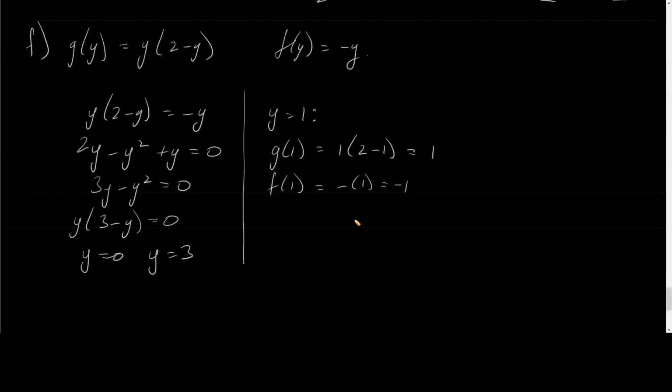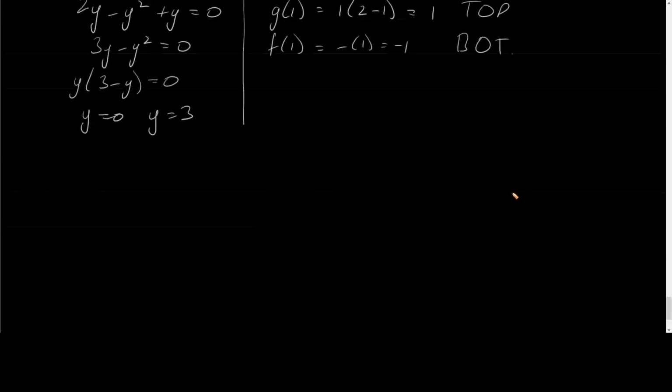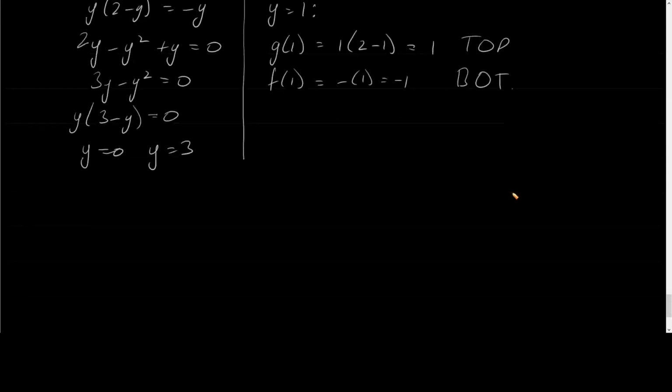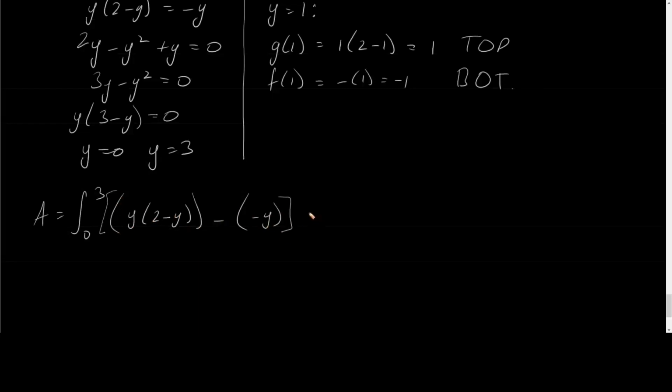So in here, our g function is our top function, and the f function is the bottom function. So what we can do now is the integral for the area is the integral from 0 to 3 of the top function, which was g, and that was y times 2 minus y, minus the bottom function, which was f, which was negative y, and not dx, dy.